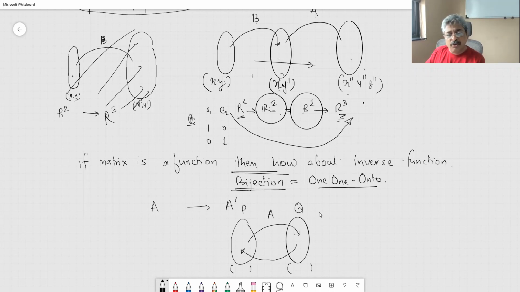Now you are thinking of going from set Q to set P. Then do you think that there should be some conditions on A? Of course, matrix A must be a bijection. What do we mean by that? So can you think a bit and tell me how matrix A should be, so that we can think of the inverse of a matrix.